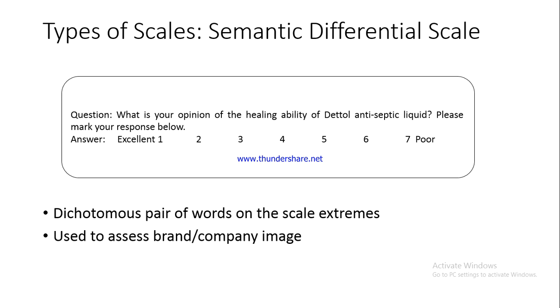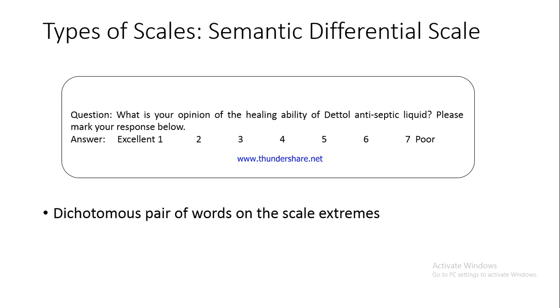These kind of scales would always have 7 categories. The 2 words which are at the extreme, which form the dichotomous pair, one of them is marked as 1 or the first response category, and the other one is marked as the 7th response category, and in between you've got 5 other response categories also. Let's say a respondent marks somewhere between, he has to choose one of 1, 2, 3, 4, 5, 6 and 7.